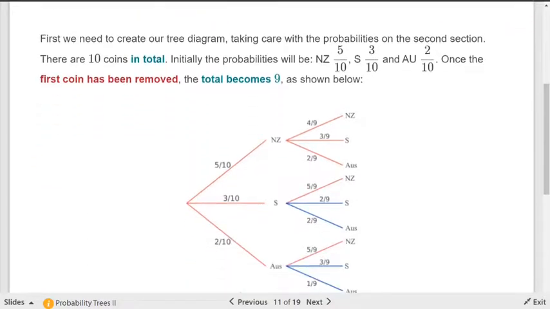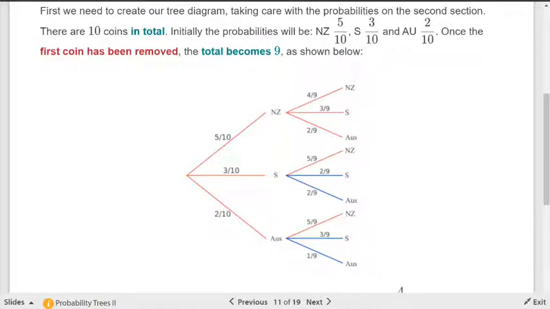But remember, after the first coin has been removed, you no longer have 10 coins, you have 9. And whatever coin you got from there also goes down. But if I draw an Australian coin, does that affect the number of New Zealand or Singaporean coins? No. It only affects the number of Australian coins.